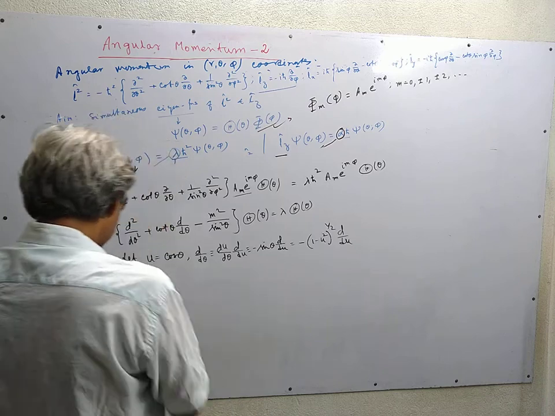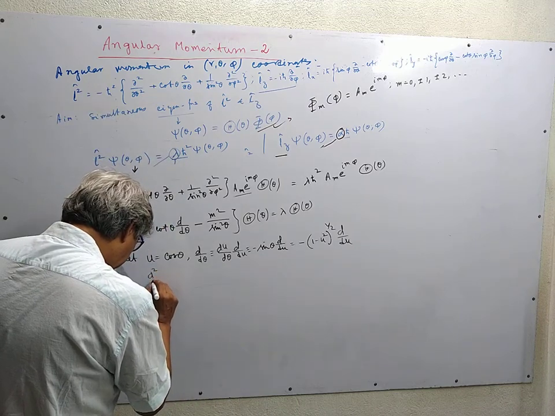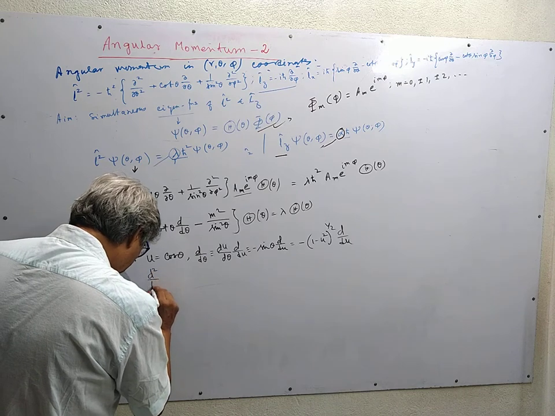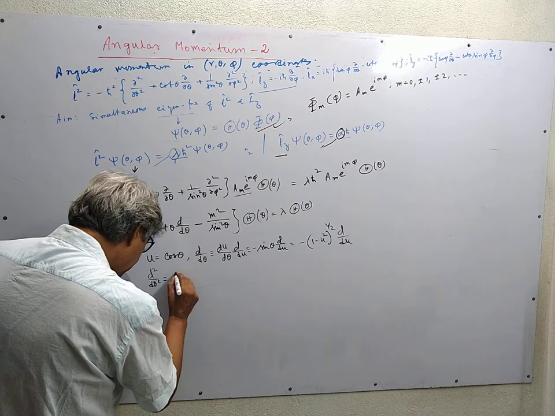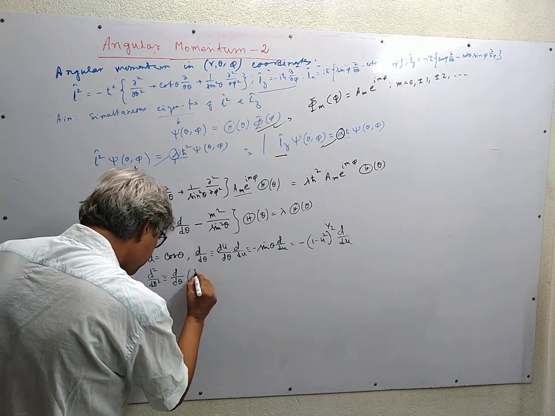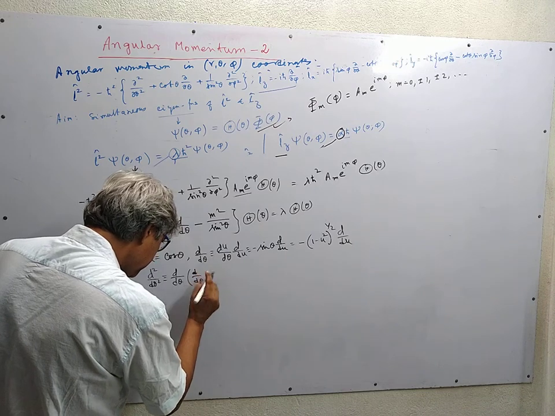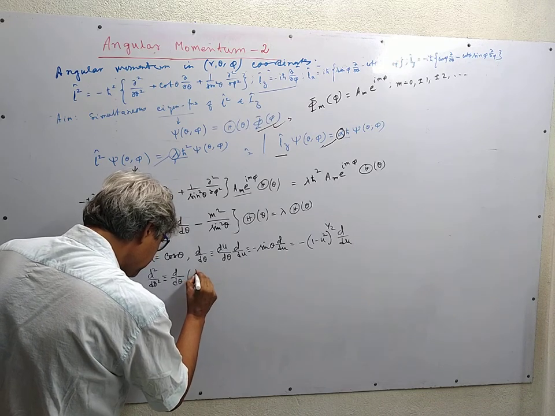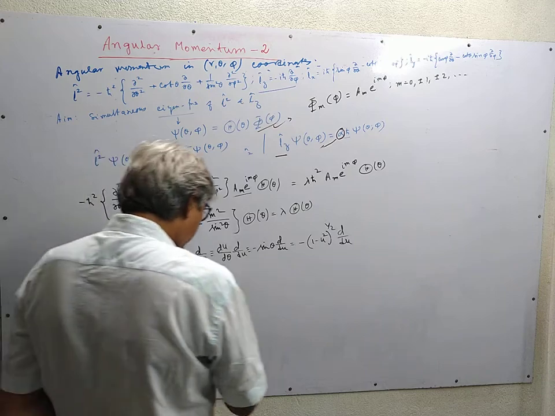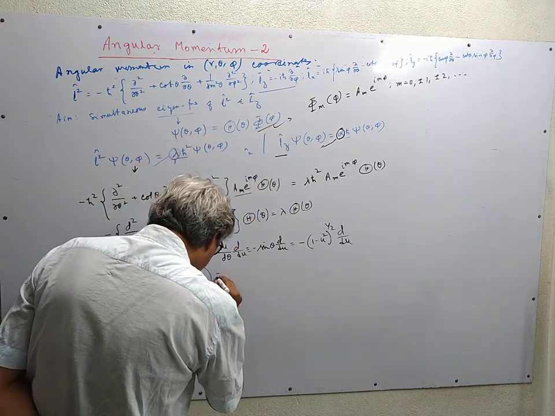Now the d2 by d theta 2. This is d by d theta operating on d by d theta. We write this expression with two negative signs, so we need not bother about the sign.